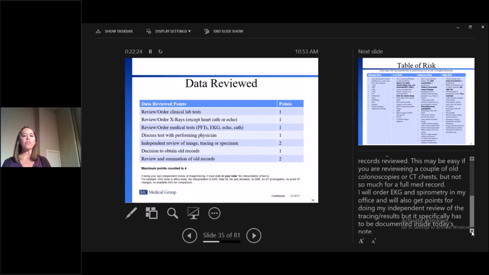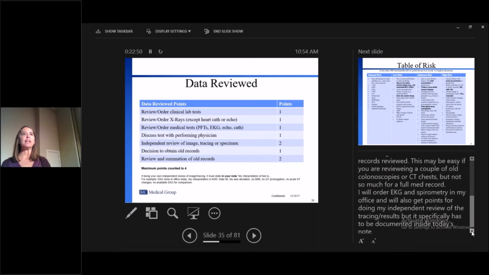The important thing to note with this is that if you're going to do that, you have to document in your note. I know on my EHR, under my EKGs, there's a little place on the EKG itself where I can write my interpretation. That's not enough. You actually have to have it documented in today's note. So I have a little smart phrase and it says, EKG done in office today.